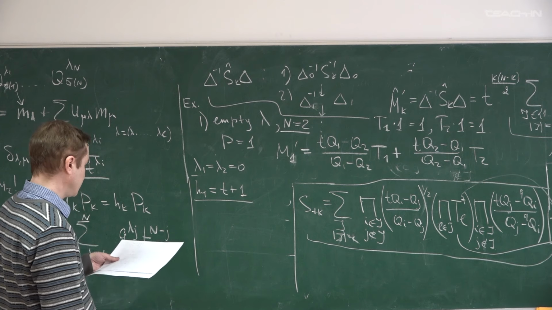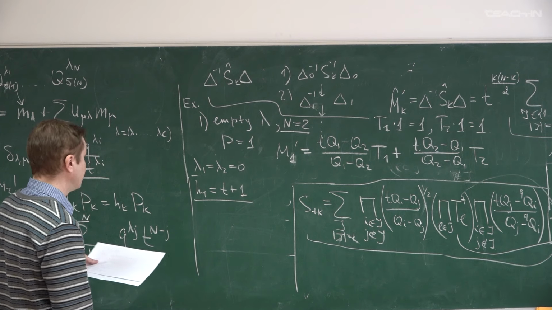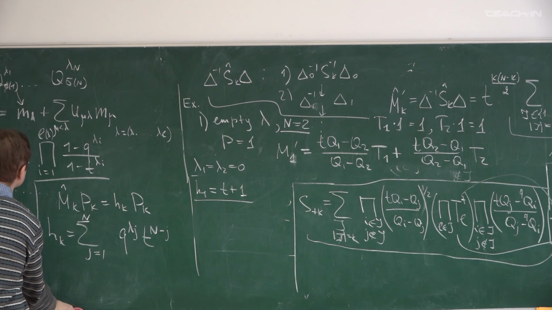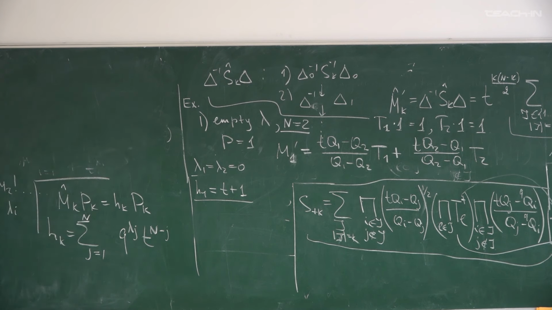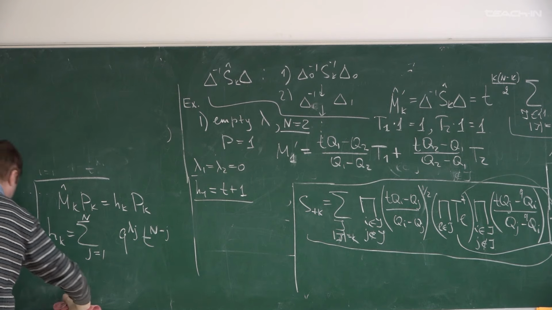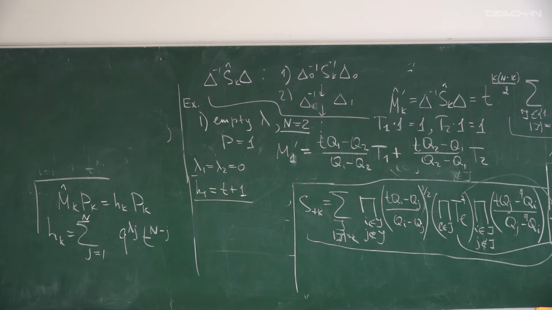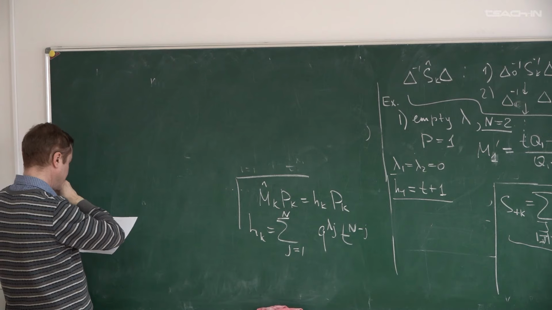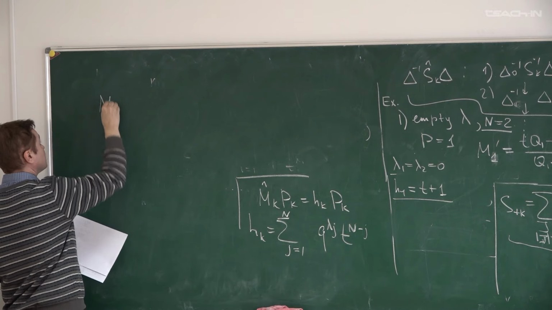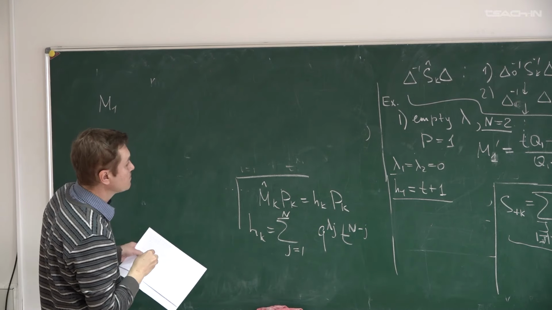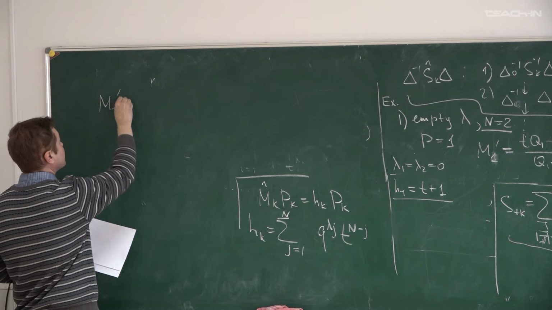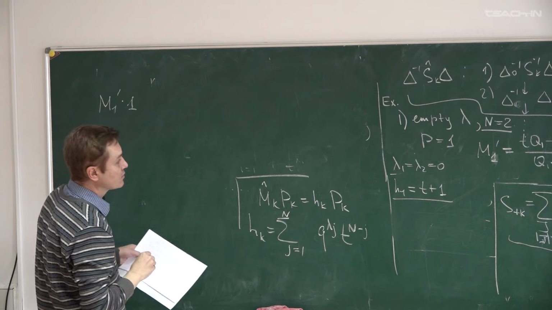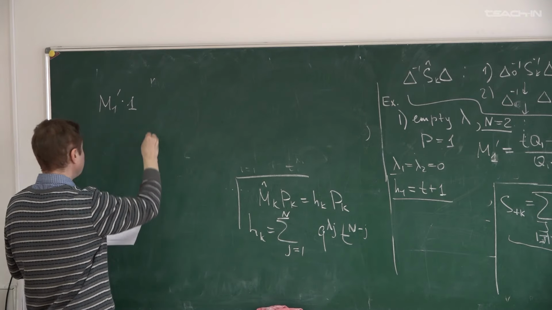With these definitions, we have the action of m1 prime on our symmetric polynomial given by 1.